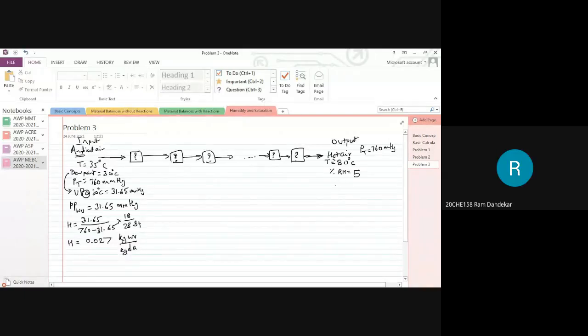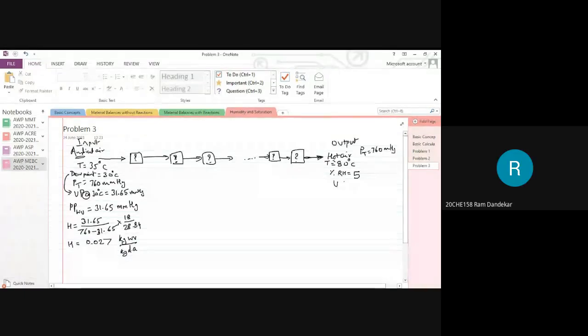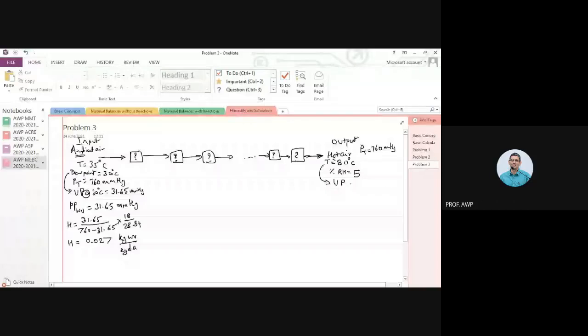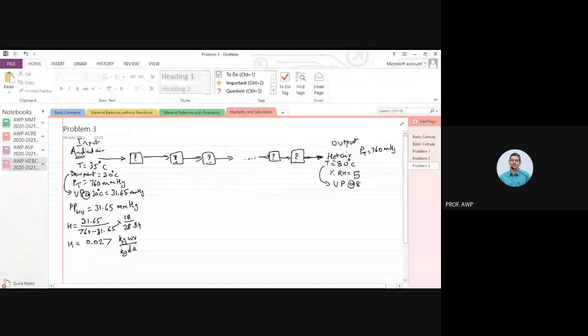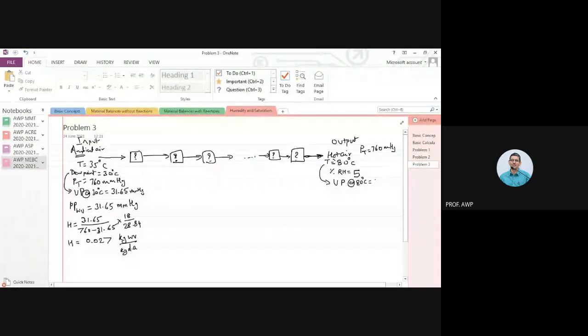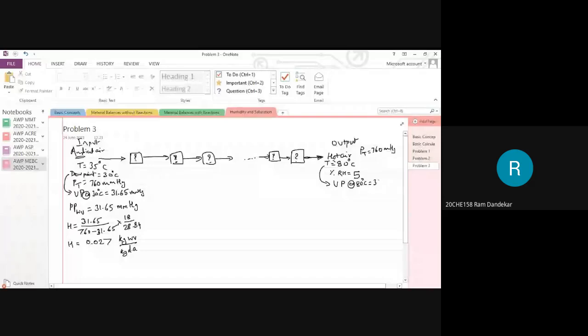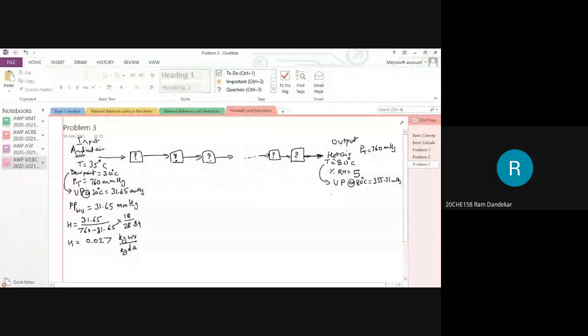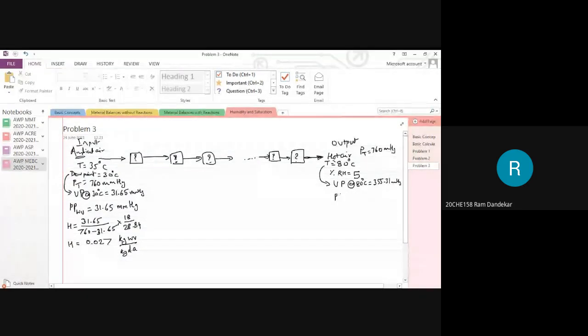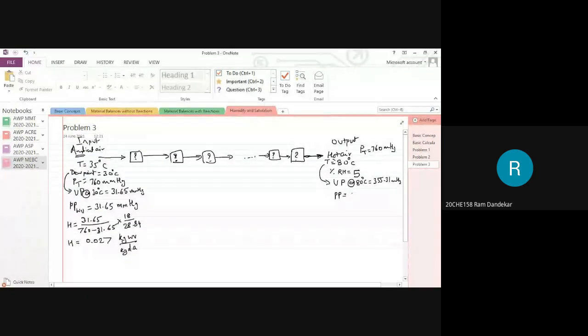Okay. Now outlet, how did you do? Sir, I calculated vapor pressure at 80 degrees centigrade. What is the value? 355.31 mmHg. Since we know the percent relative humidity, 5%, I calculated the partial pressure of water vapor.